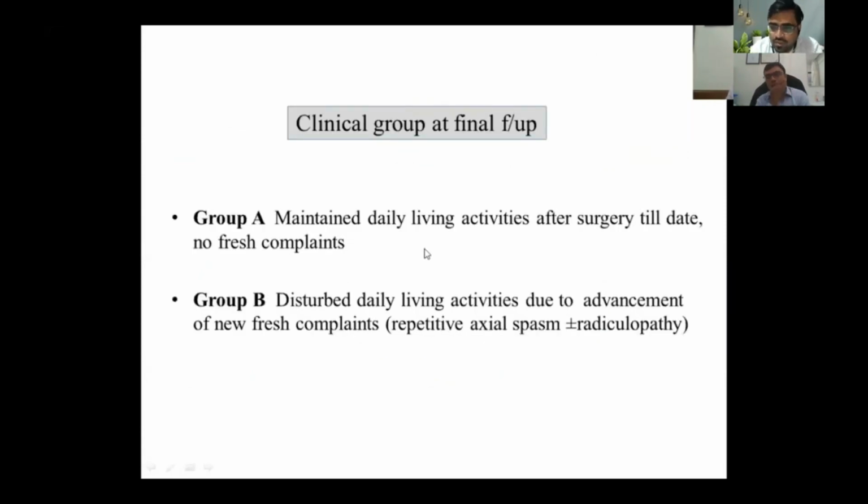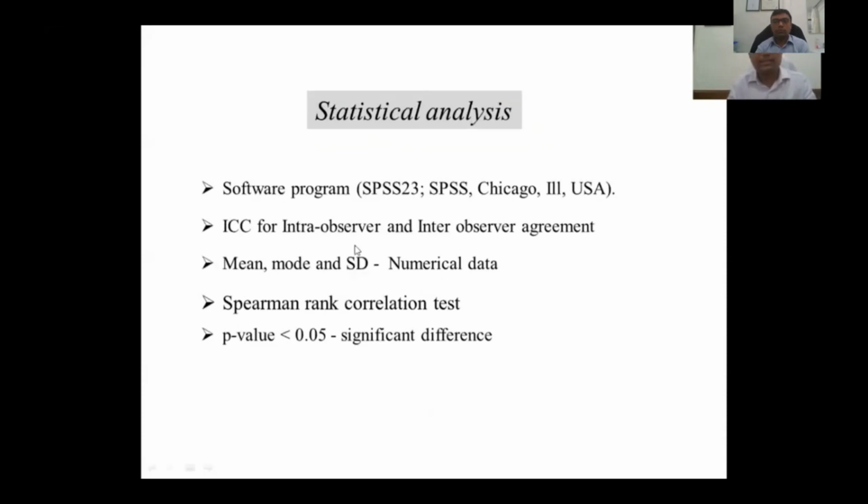The patients were grouped into two groups. In group A are the patients who maintained daily living activity until final follow-up with no fresh complaint, while patients who present with a new complaint of repetitive axial pain with or without radiculopathy and disturbed daily living activity are kept in group B. These are the statistical analyses used in the study.